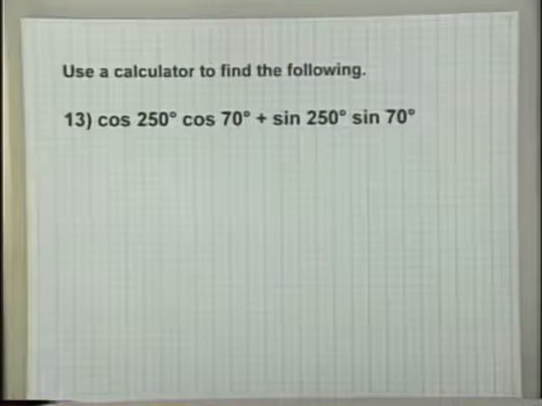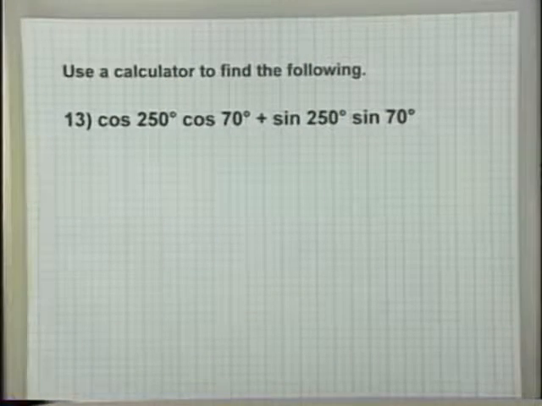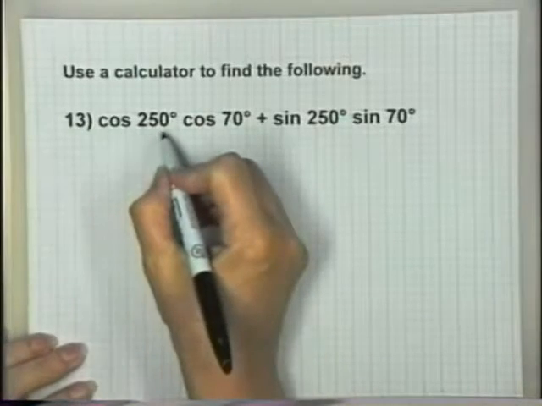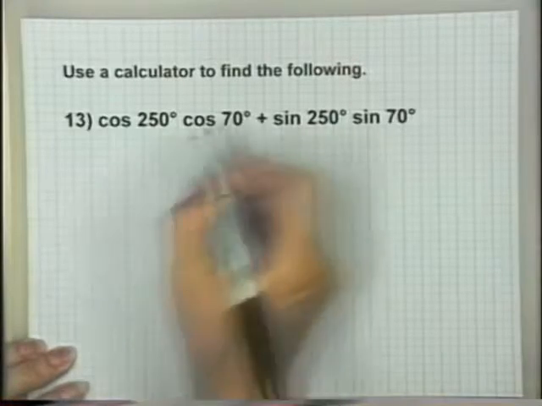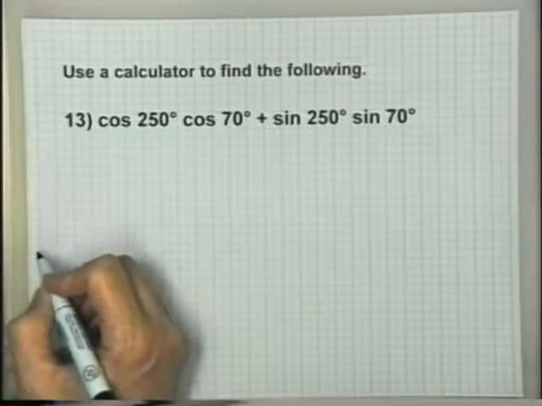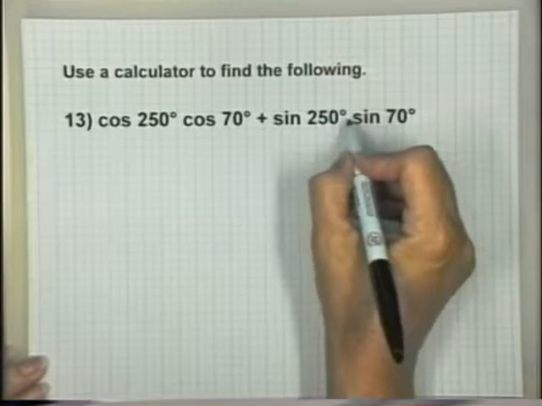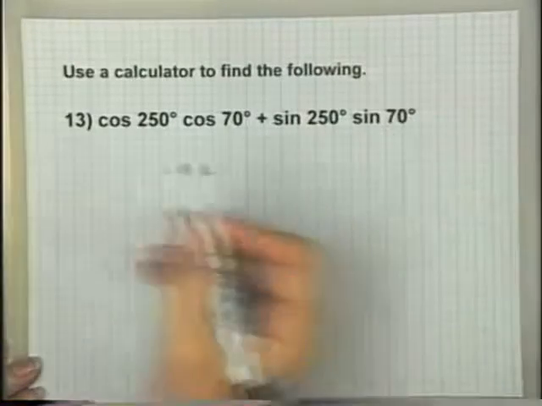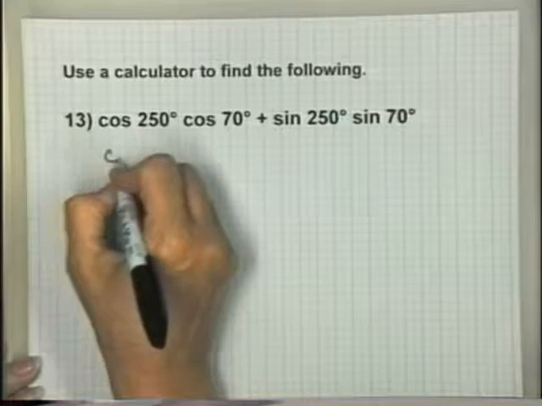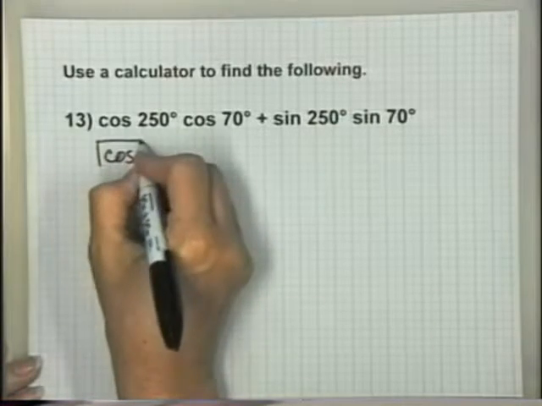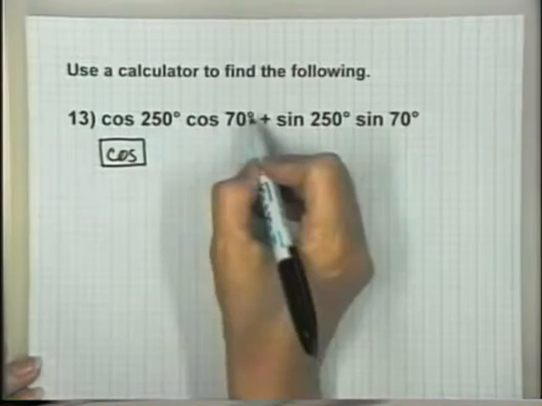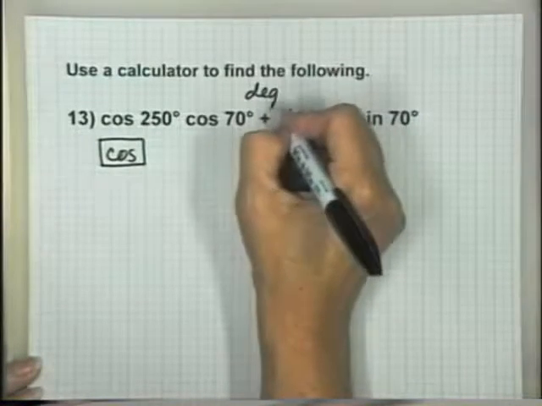All right, I'd like for us to look at one last problem for this lesson. Use a calculator to find the following. Well, when we write cosine 250 degrees next to cosine 70 degrees, that means to multiply. Then we want to add sine of 250 degrees times sine of 70 degrees. On the graphing calculator, of course, since you've got degrees, you want degree mode.